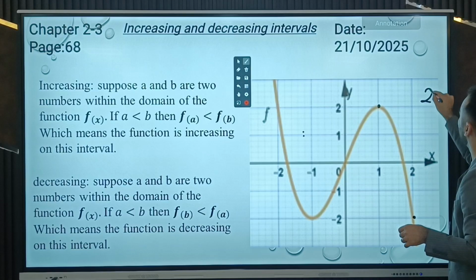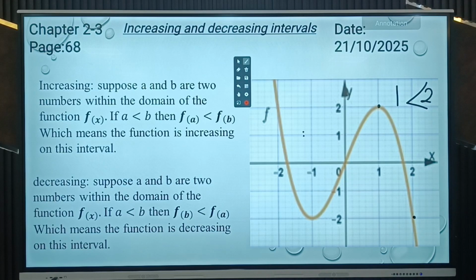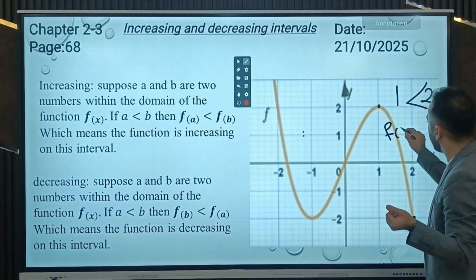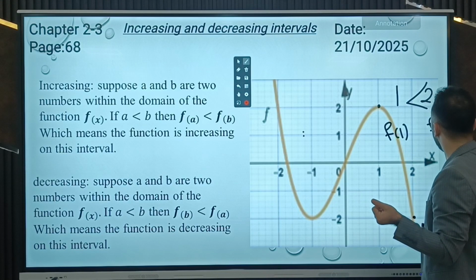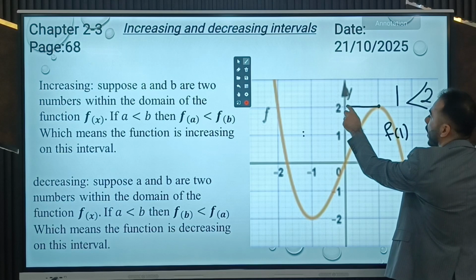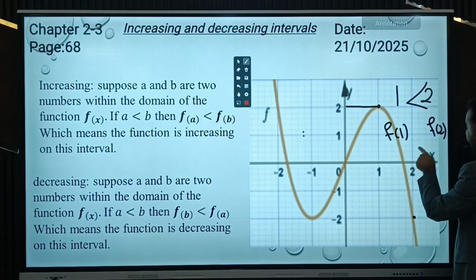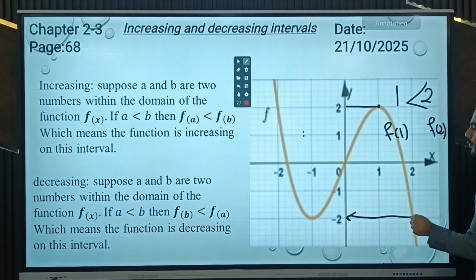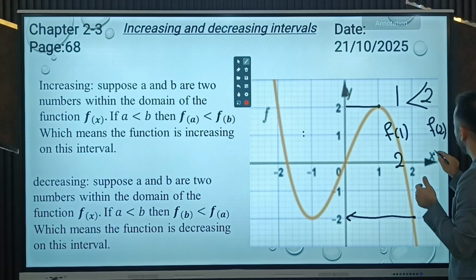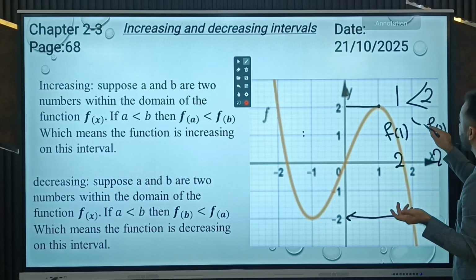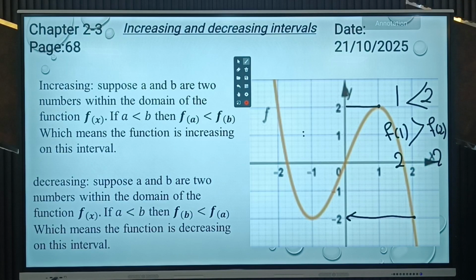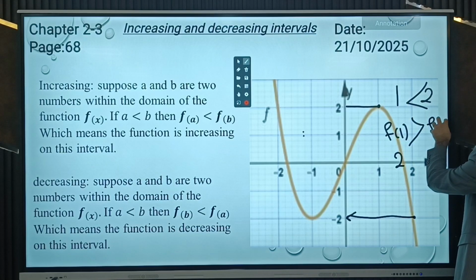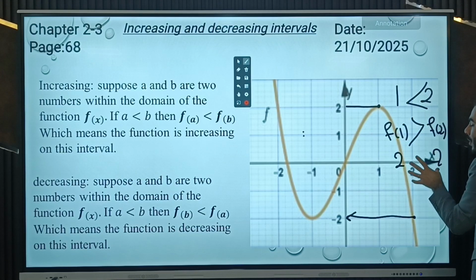But f of 1 equals positive 2, and f of 2 is equal to negative 2. So of course f of 1 is going to be bigger than f of 2. Since they are opposite, 2 is greater than 1, but f of 1 is greater than f of 2. Then in that case, we are going to say that our function is decreasing. Perfect.